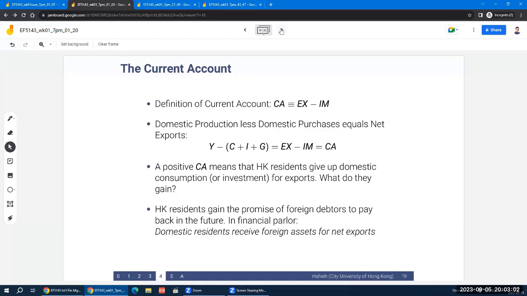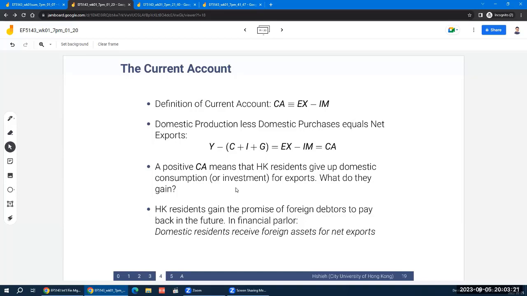So the easiest way to get an idea of what the current account is actually measuring is to look at the GNP equation first, right? The GNP equation gives us Y equals C plus I plus G plus EX minus IM.